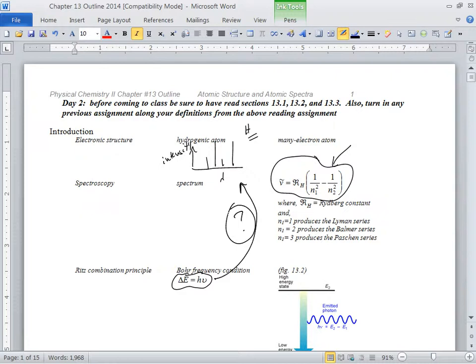Is this emission or absorption intensity here? Emission. So that means the atom must be what if it's going to emit light? Excited. So how did it get there? Well, one way is the Bohr frequency condition. It could have absorbed energy of exactly the right energy between those energy levels. So you can kind of see what they are. Just measure the difference between the wavelengths and convert it into energy. But there are other ways to excite it.